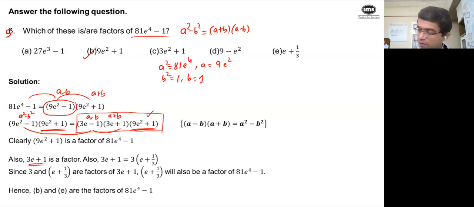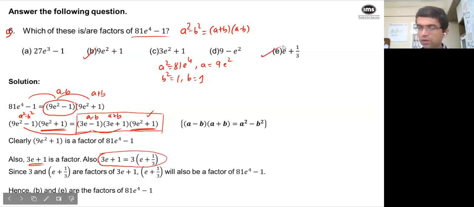What is 3e plus 1 made up of? 3e plus 1 is nothing but 3 into (e plus 1 upon 3). Right? So if 3 and e plus 1 upon 3 are factors of 3e plus 1, then e plus 1 upon 3 is also going to be a factor.